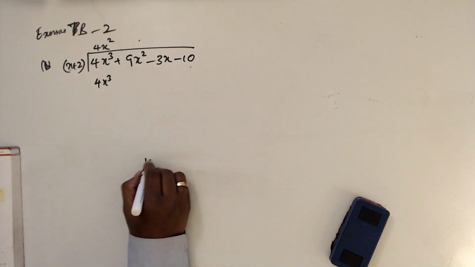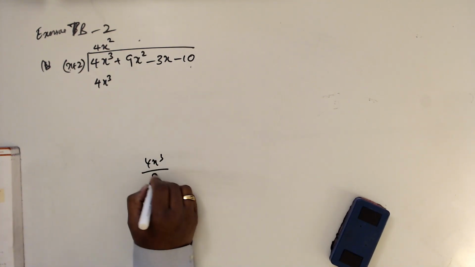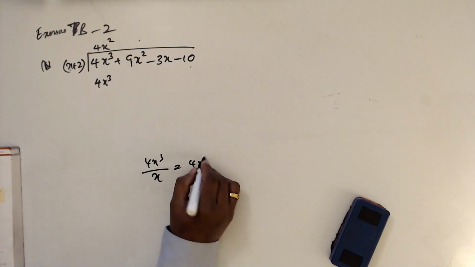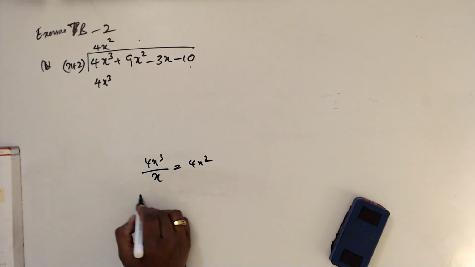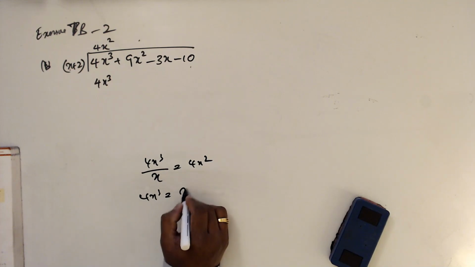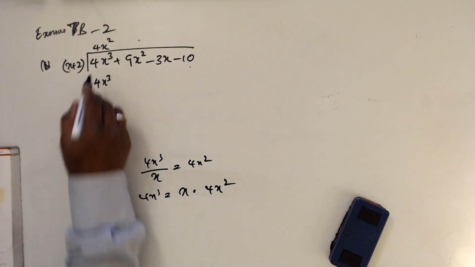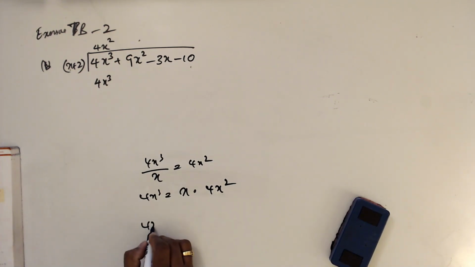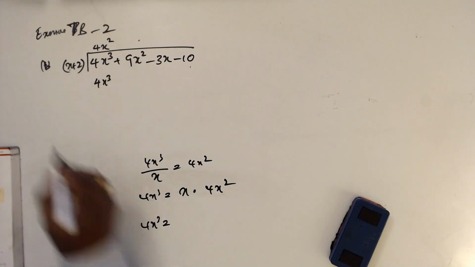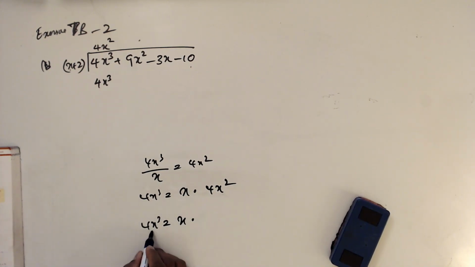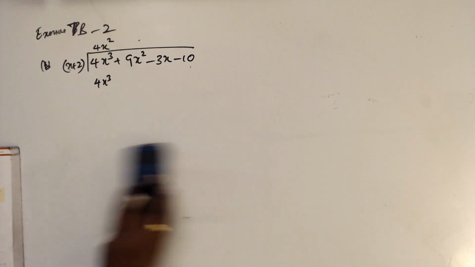In another way, 4x cubed divided by x is 4x square. 4x cubed means x times 4x square. Now, if I write 4x cubed and x here, then to make 4x cubed, what is the number you want? 4x square. This is a different way of looking at it.